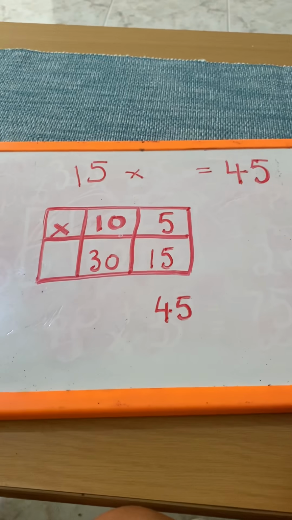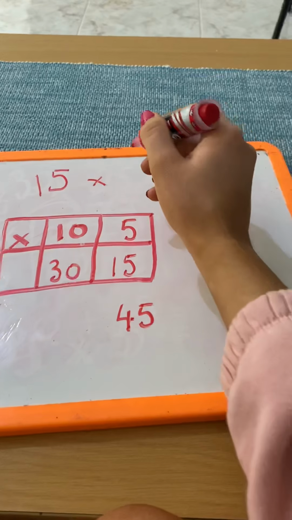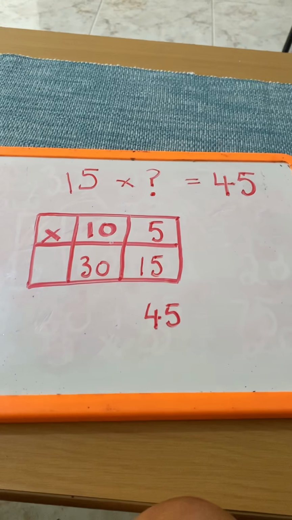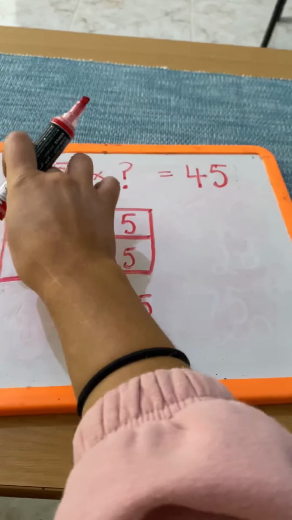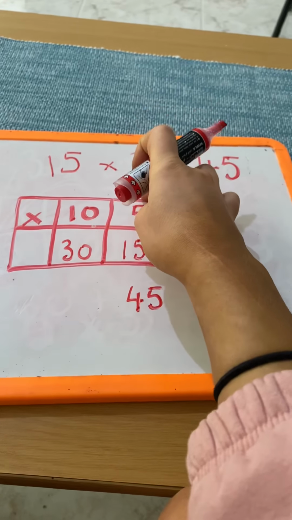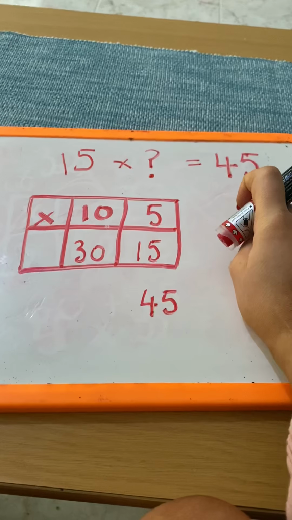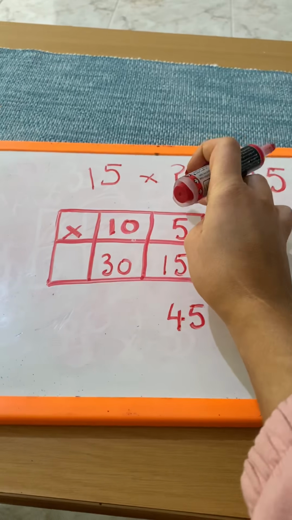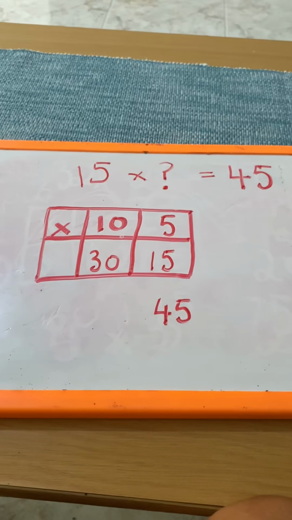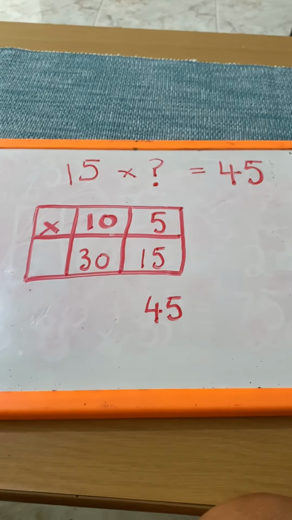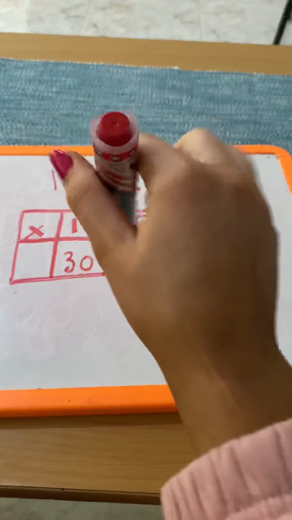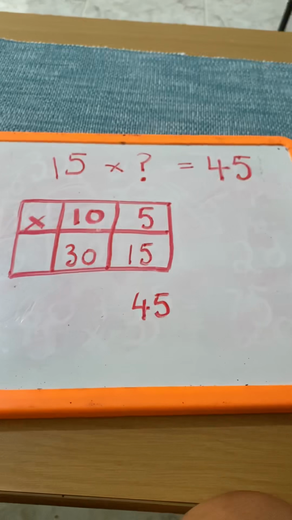So this time what we are trying to figure out is our function. Before, in all of our questions, we knew our input and we knew our function and it was the output we were looking for. But now we're going to challenge ourselves a little bit and try and figure out what our function is. So have a think about it for a minute. What would we need to multiply 10 by to get 30?